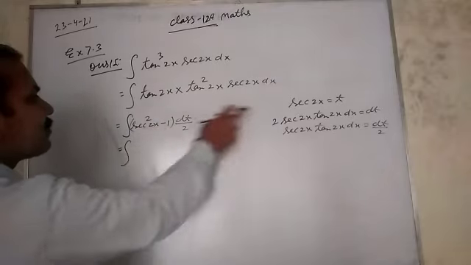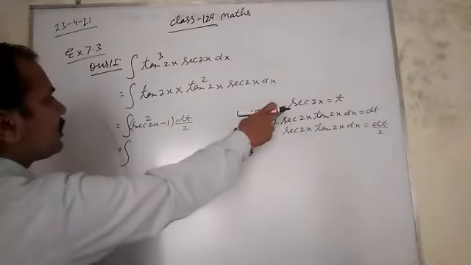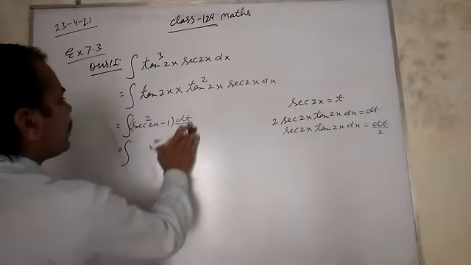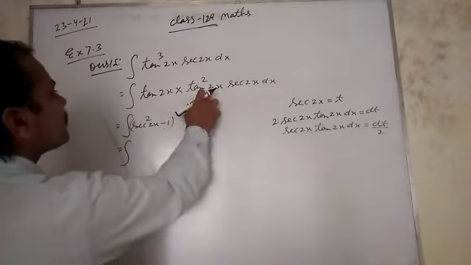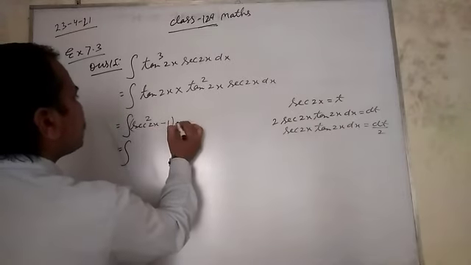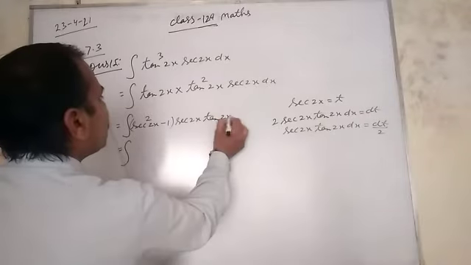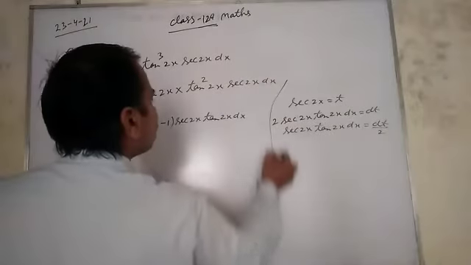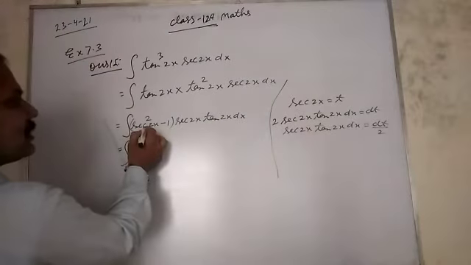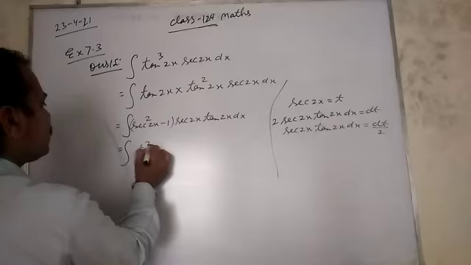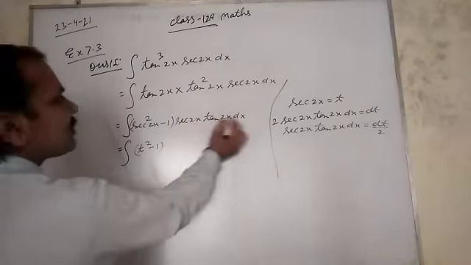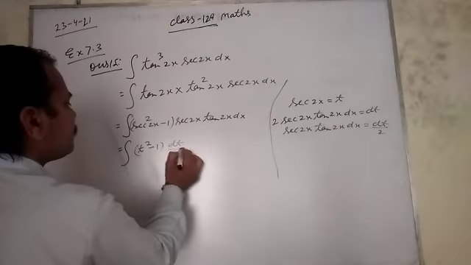First, convert tan square 2x, and then sec 2x tan 2x dx. Then you put here sec 2x as t, so t square minus 1 and dt by 2.